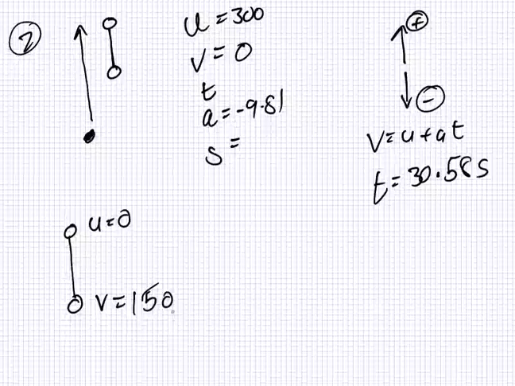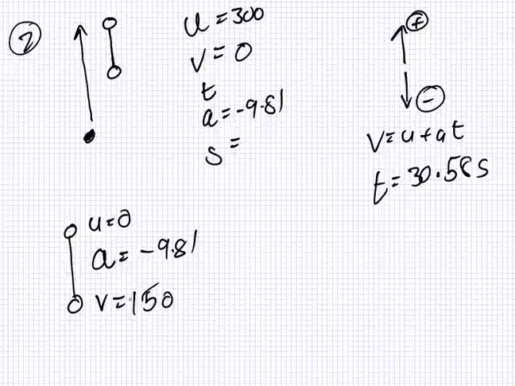Okay, I want the t. So which formula should I use? v equals u plus at, isn't it? So what did you get for t for this part? If you use v equals u plus at, you'll get t is 30.6 meters per second.